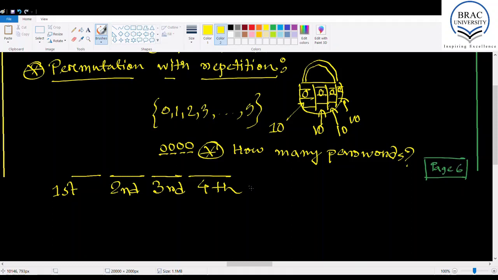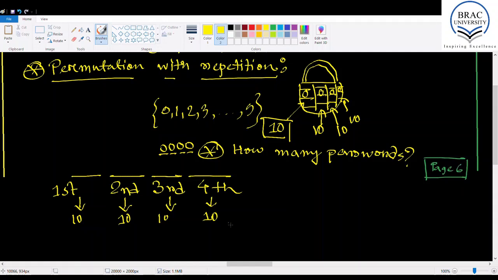So for the first task, how many options are available there? Yes, to input a digit in the first slot, there are 10 different options. For the second slot, there are 10 different options since we can use one digit repeatedly. In the third slot, there are 10 options, and in the fourth slot, there are 10 different options.